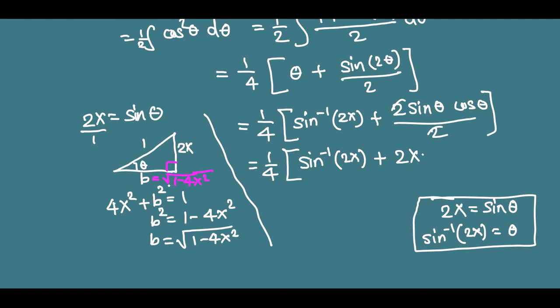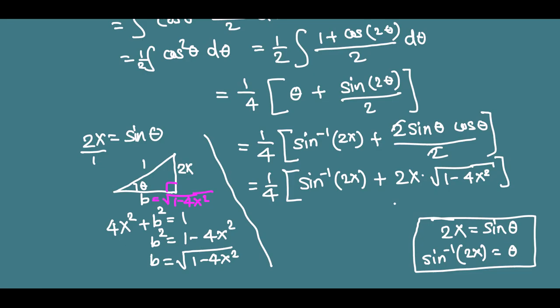So the base is root of 1 minus 4x squared over 1, so just root of 1 minus 4x squared, and this is the final answer. Hold on, I forgot to put plus c. When we integrate this, we have to put plus c. Now this is the final answer.